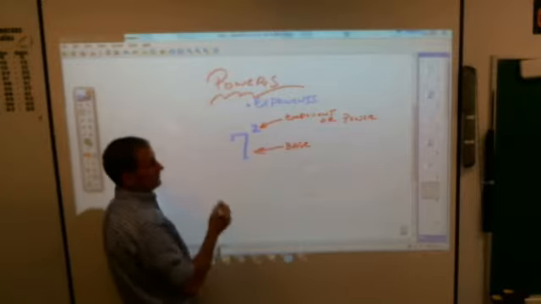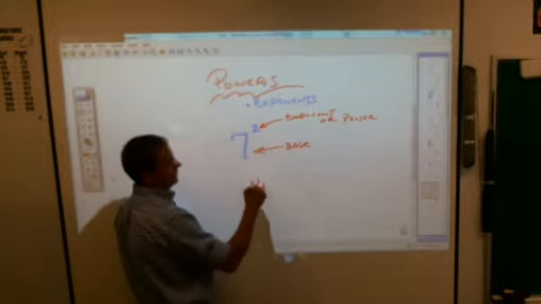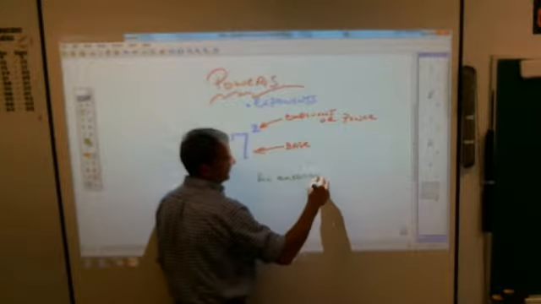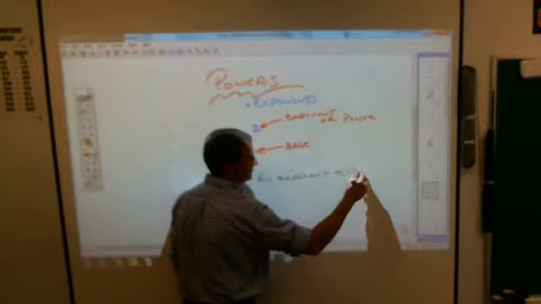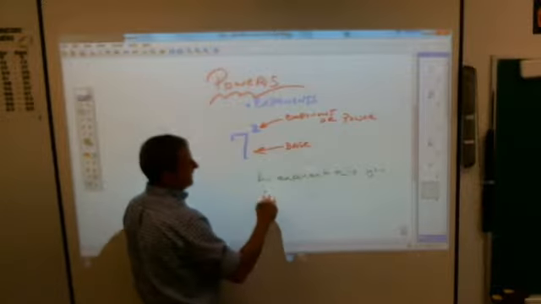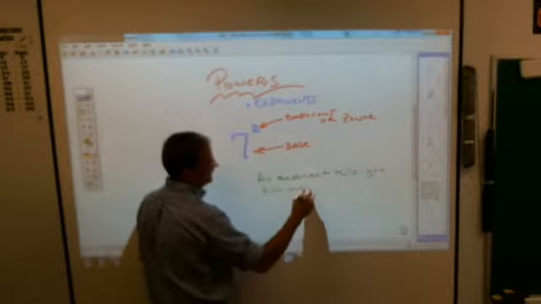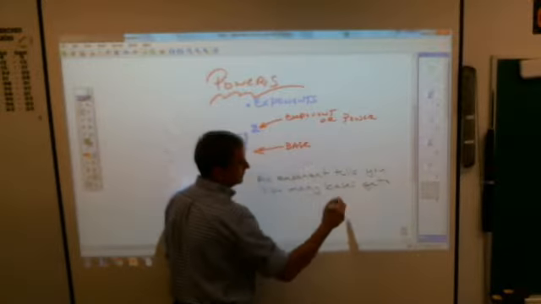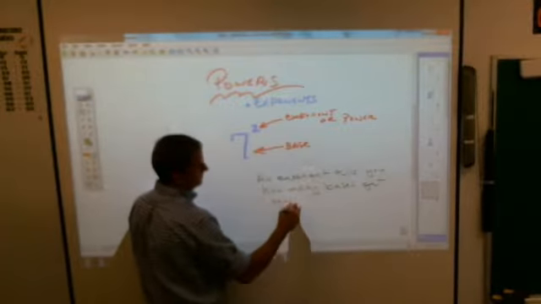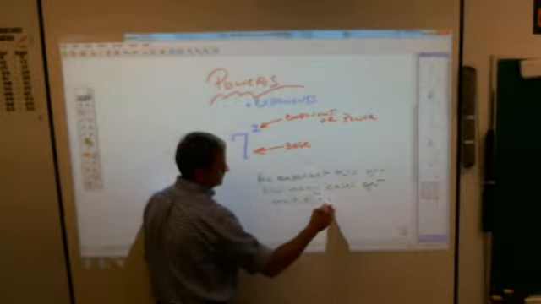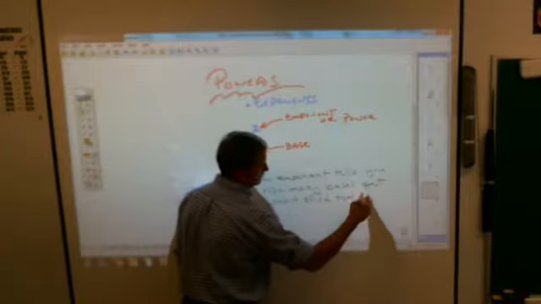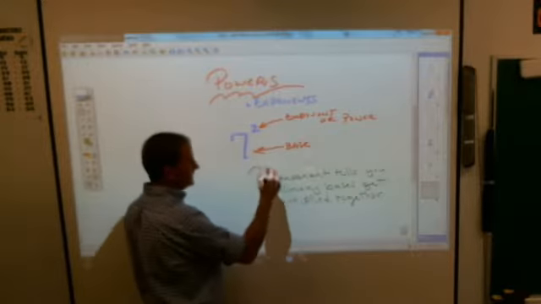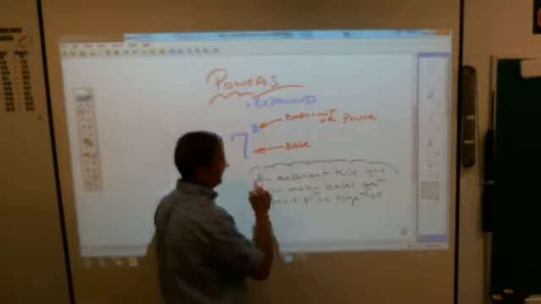Because the rule with exponents is this: an exponent tells you how many bases get multiplied together.